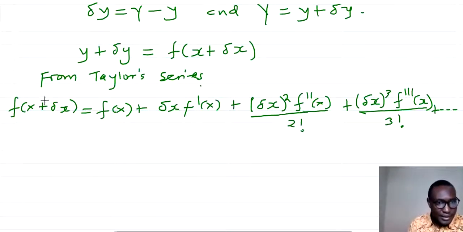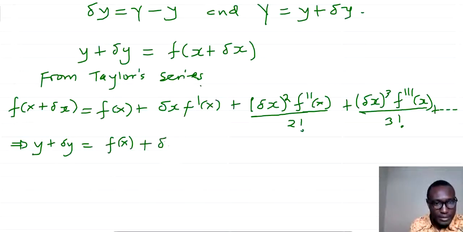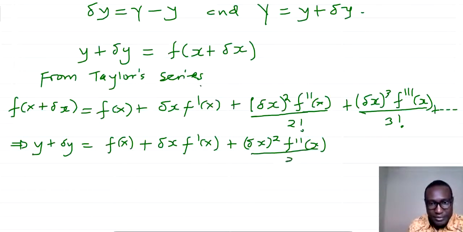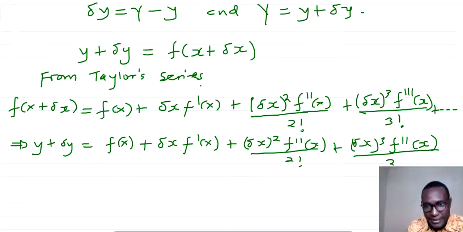So since f(x plus delta x) is equal to this, this implies that y plus delta y is equal to f(x) plus delta x f'(x) plus delta x power 2 times the second derivative divided by 2 factorial, plus delta x power 3 times the third derivative divided by 3 factorial, plus they continue.